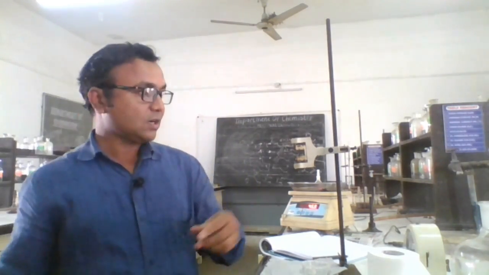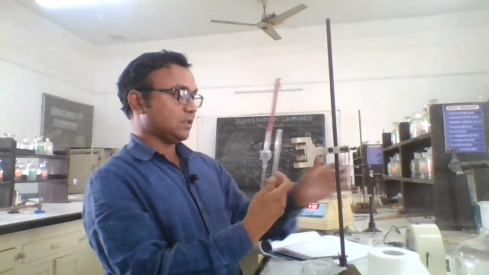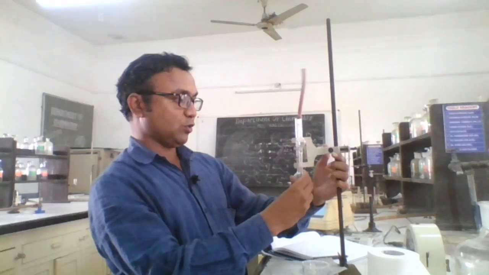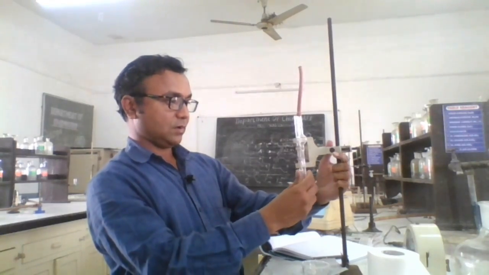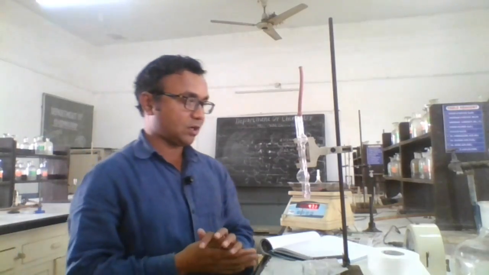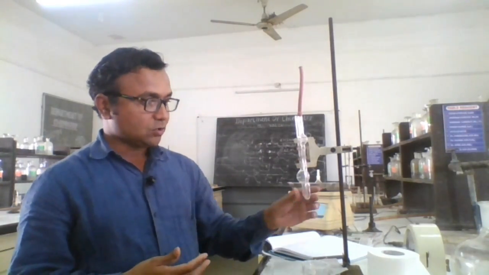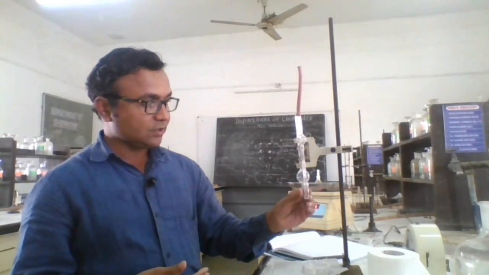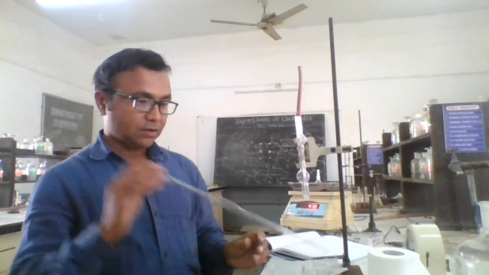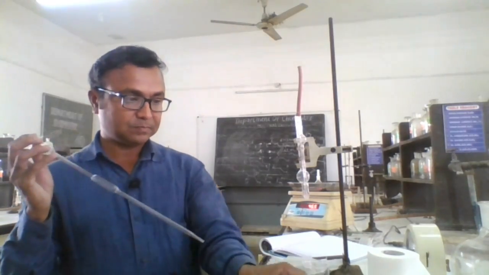You have to attach it vertically in the clamp, that is, in the burette stand. First of all, clean this apparatus with chromic acid and then water, ethanol, and rinse with acetone or ether solution. After attaching it in the burette stand, fill the distilled water by using the pipette.